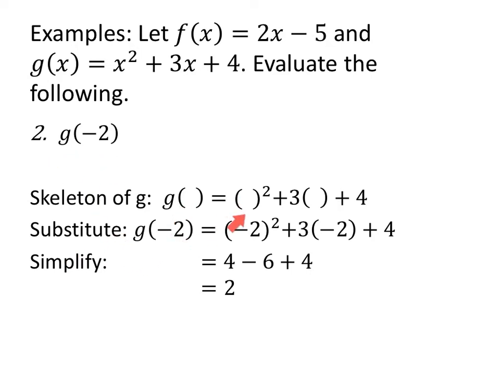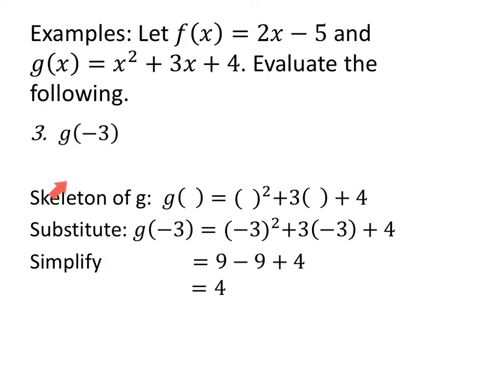I'll put negative 2 everywhere I have an open set of parentheses, which is every place I had an x. Order of operations says negative 2 squared. That's negative 2 times negative 2 is 4. 3 times negative 2 is negative 6. Don't forget the plus 4 hanging out the back. 4 and 4 make 8. And then if I subtract 6, 2 is what remains. So g of negative 2 is equal to 2.